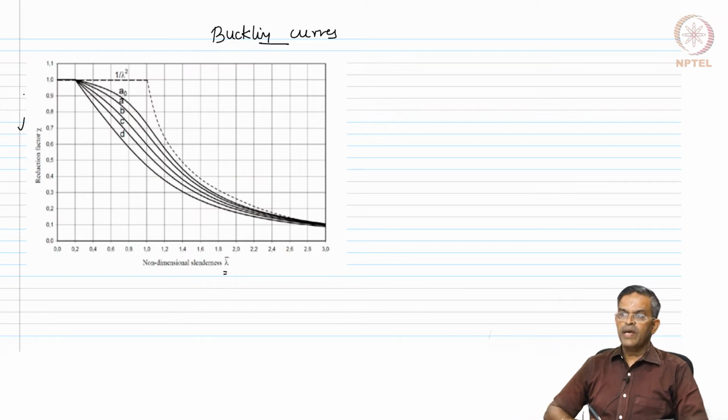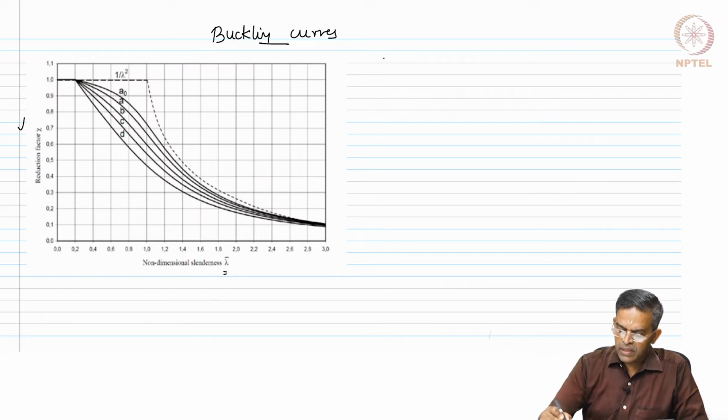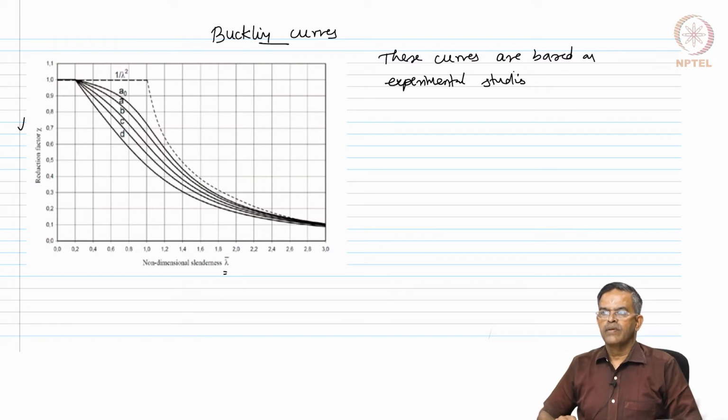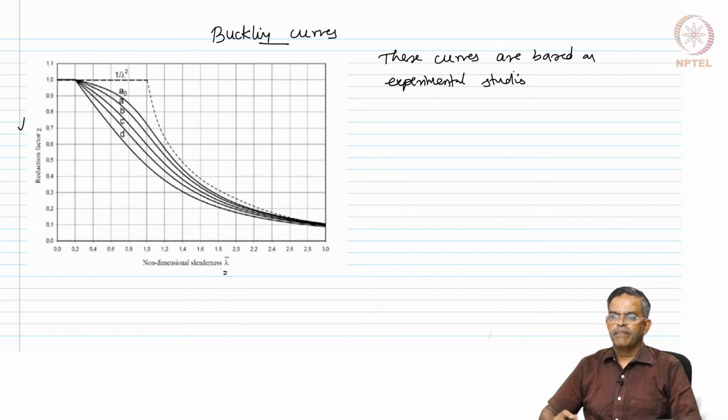Now, these curves are based on experimental studies conducted to investigate the beam under bending. Lateral torsional buckling curves applicable to different cross sections were developed subsequently.